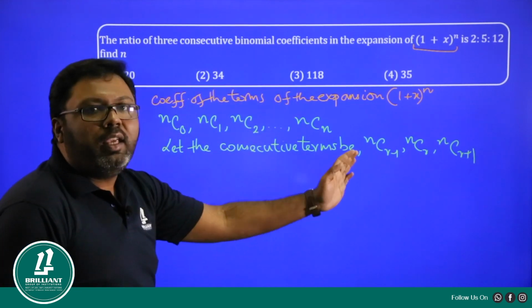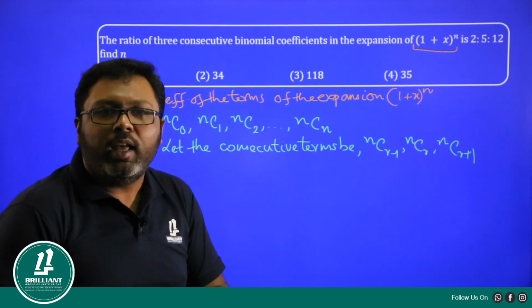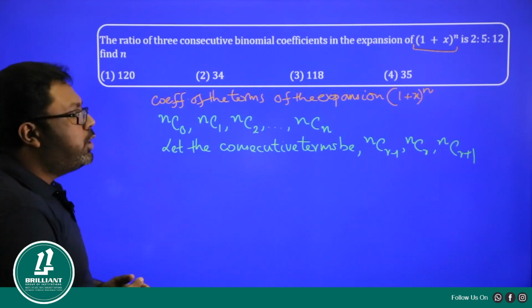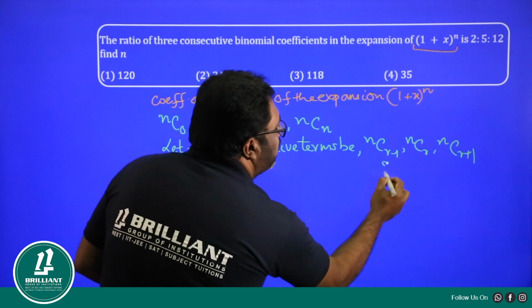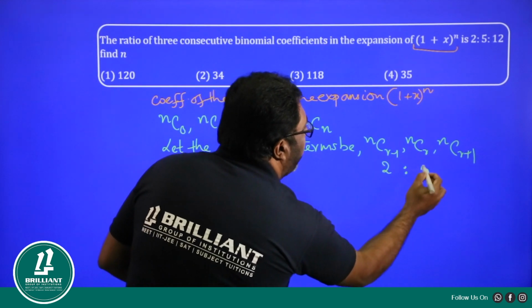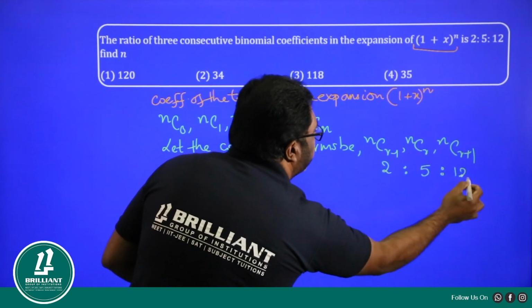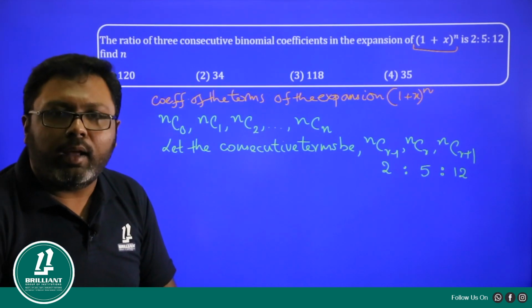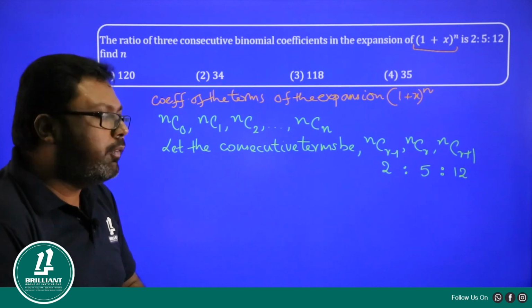So I'm saying these are the coefficients of my 3 consecutive terms. Now let's say what is the ratio? The ratio is 2:5:12. Okay. Now with this I'm supposed to find the value of n.